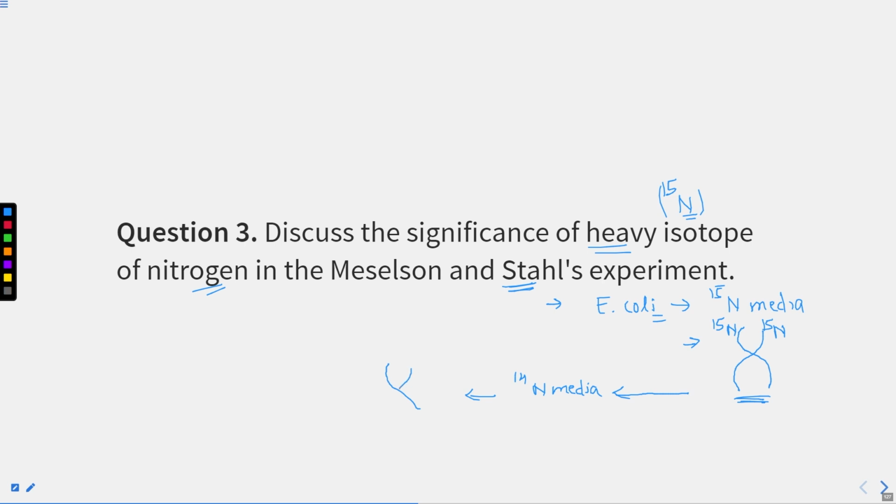In the DNA, one strand was N15 and another strand was N14. So this shows the semi-conservative nature of DNA replication. Meselson and Stahl proved the semi-conservative nature of DNA replication. Here you can see one is parental and one is newly synthesized. This is known as the semi-conservative nature of DNA replication.